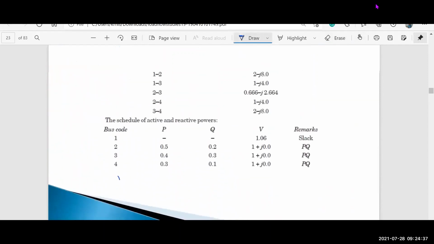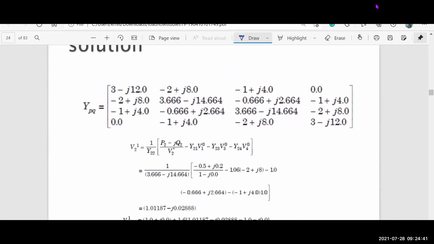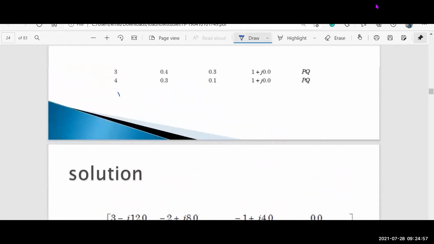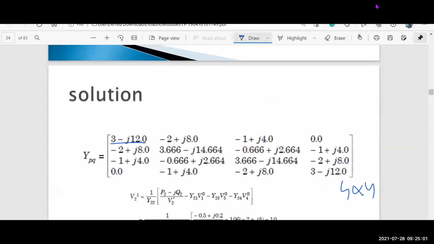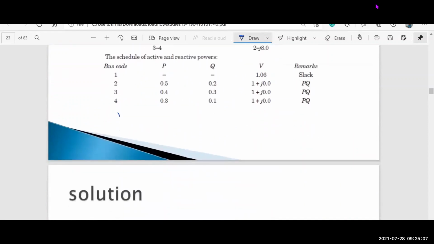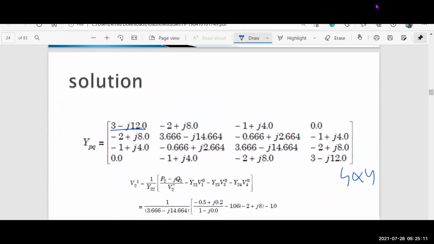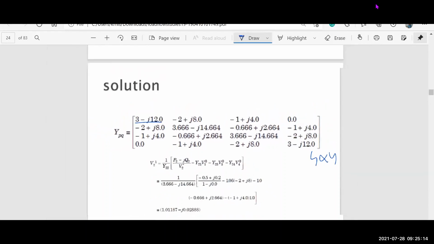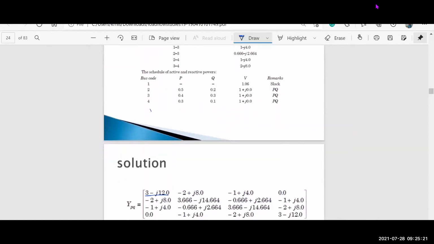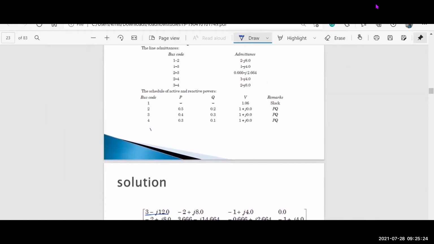It is a matrix of 1 2 3 4, 1 2 3 4, so it is a 4 into 4 matrix. So what will be Y11?